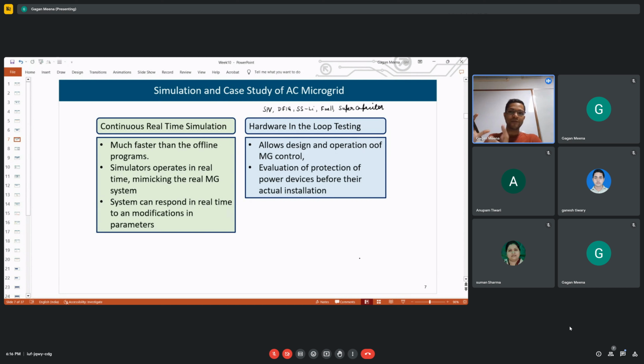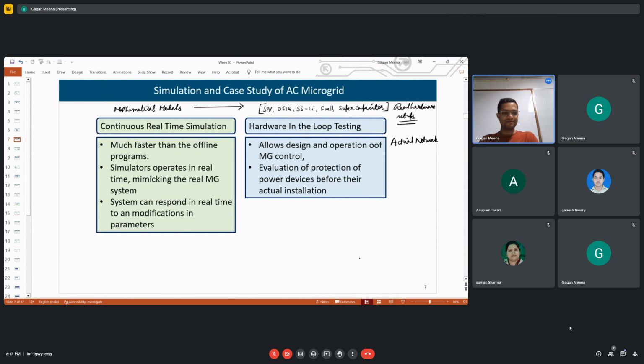And here in simulation we have only mathematical models for all these, but here we can have real hardware. Our actual network we may not be able to integrate in the actual network, because before installation we want to test.